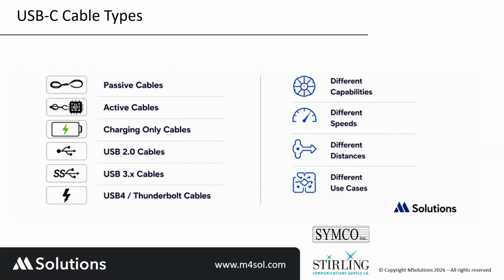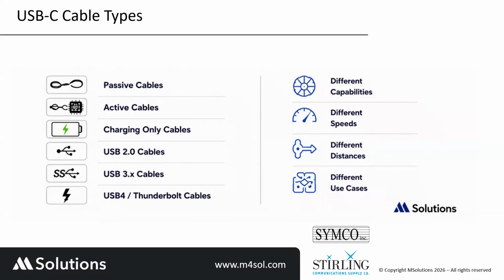So passive cables contain no electronics. They are ideal for short distance and generally offer the highest compatibility. If all wires are implemented inside the cable, and the length of it is not too long, in the range of 1 meter, it shouldn't be a problem. This could be a passive cable that will have no electronics inside of it, and it will deliver what you need.